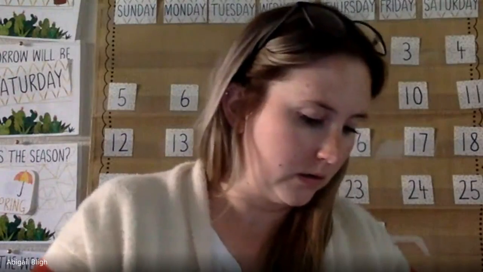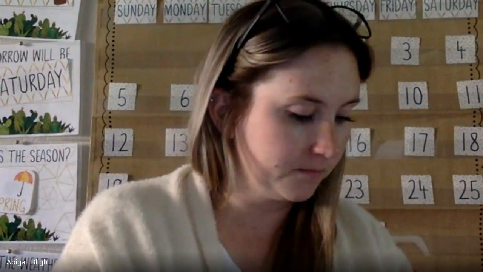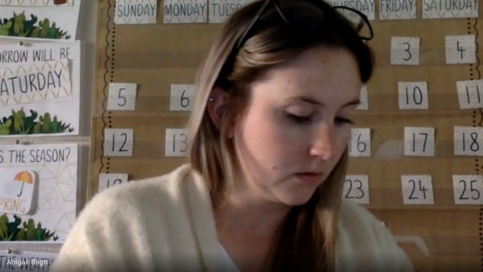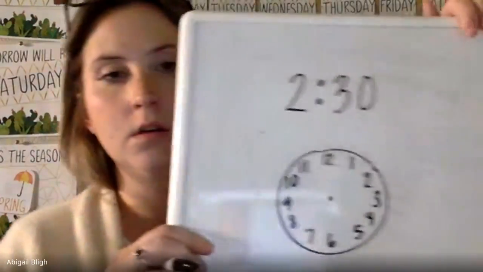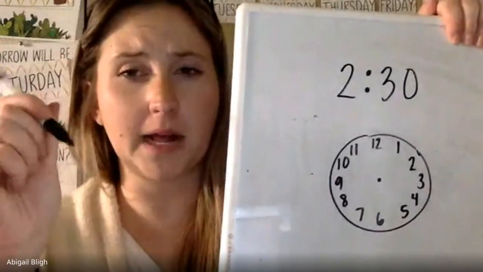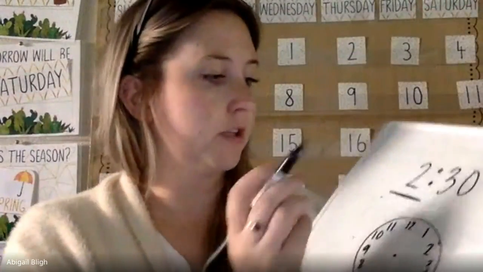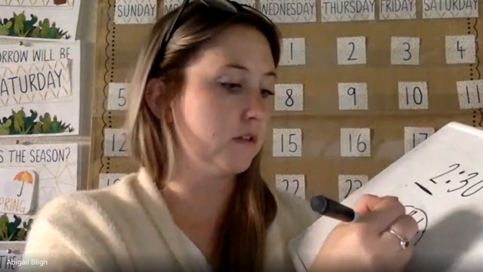Let's try another one. If my problem says 2:30, I'm going to start with my black marker, underline the 2, and I'm going to start with that hand. So that hand points to the 2.